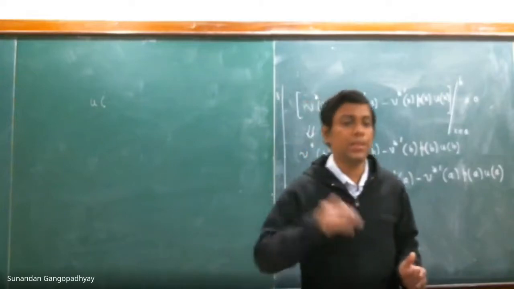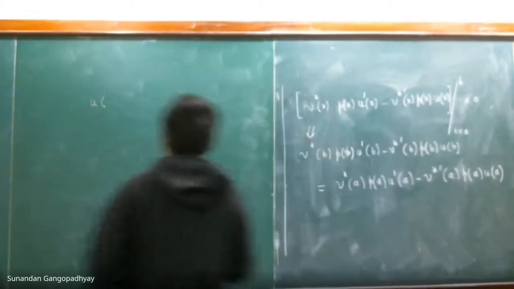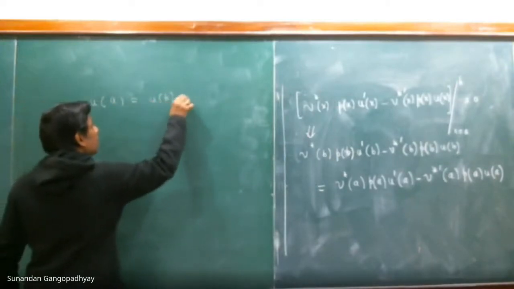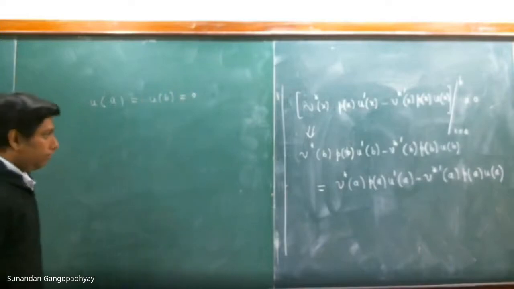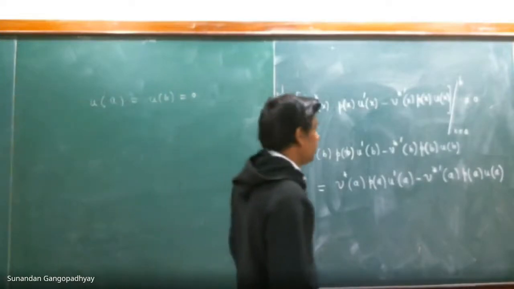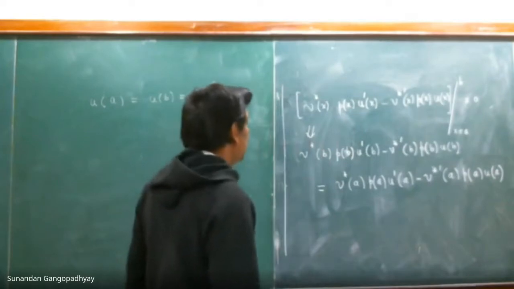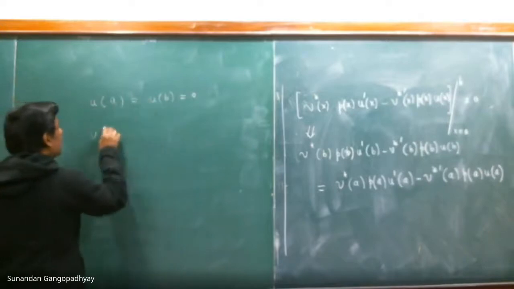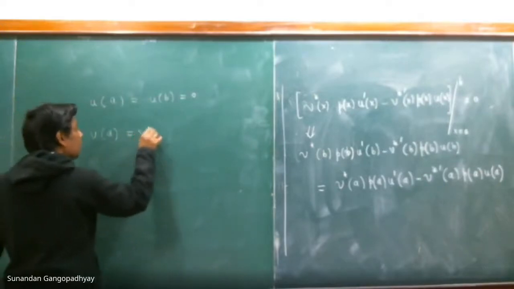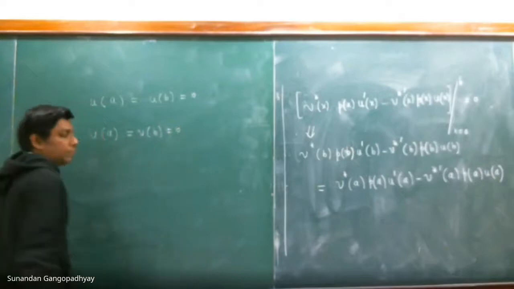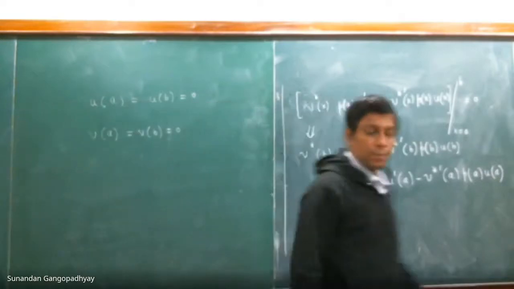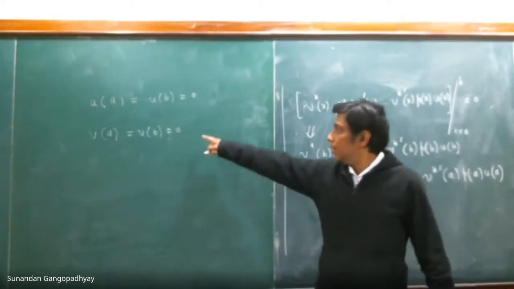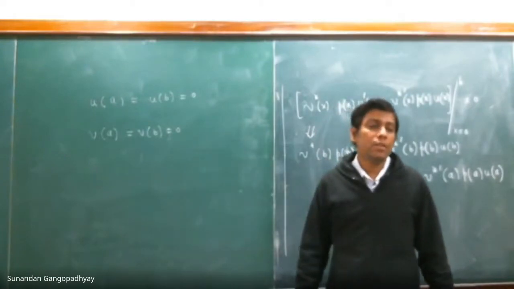Now you can see that if you say that u(a) is equal to u(b) is equal to 0, then this would also imply that v(a) is equal to v(b) is equal to 0. So the boundary conditions that the functions u obey, the same boundary conditions would be obeyed by the functions v on which the adjoint operator acts.